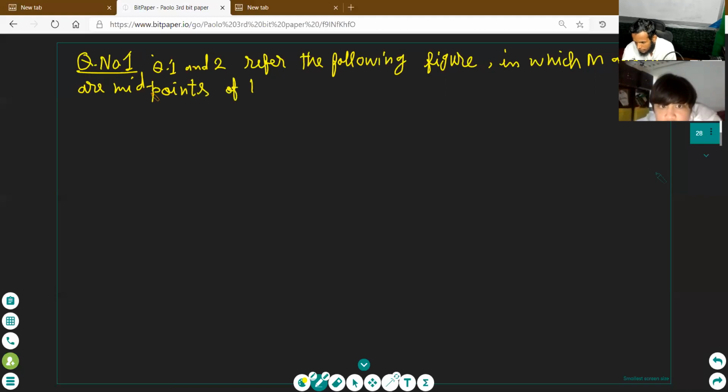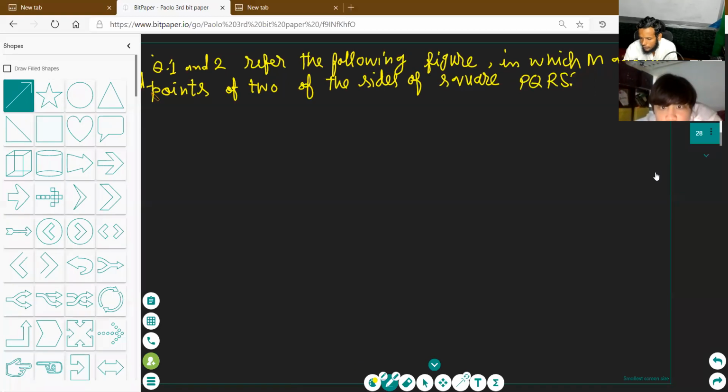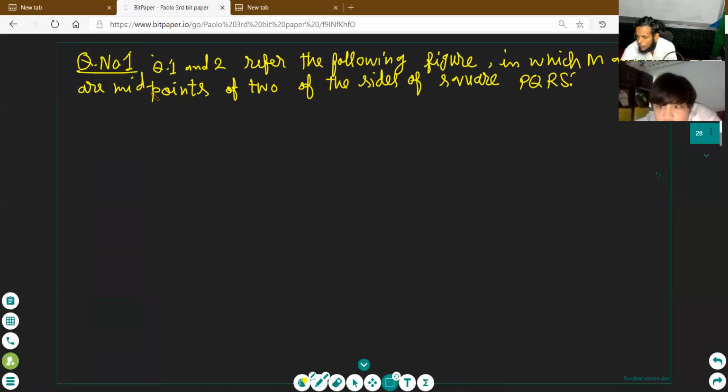M and N are midpoints of two of the sides of square PQRS. This is a square, I am making the square.